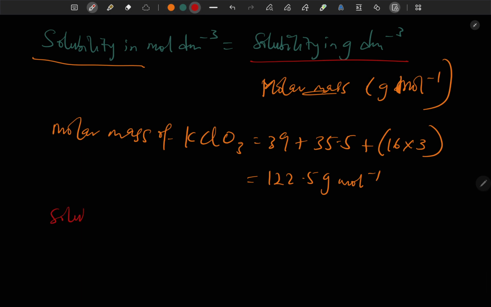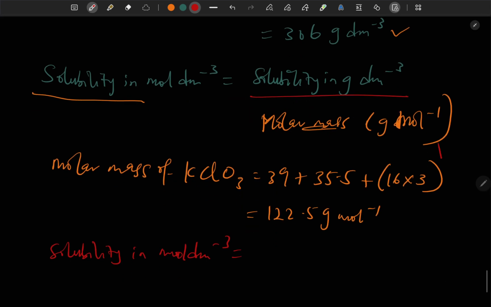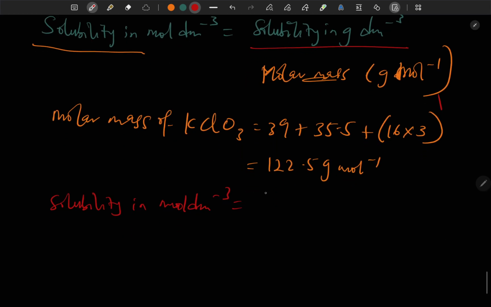So we can go back to this formula to find the solubility in mole per dm³. So we can now say solubility in mole per dm³ is equal to the solubility in gram per dm³, which is 306 gram per dm³, divided by the molar mass, which is 122.5 grams per mole.